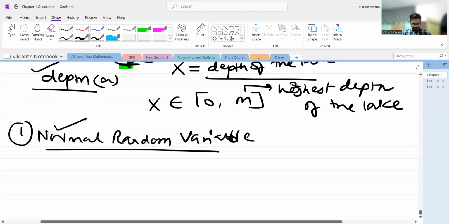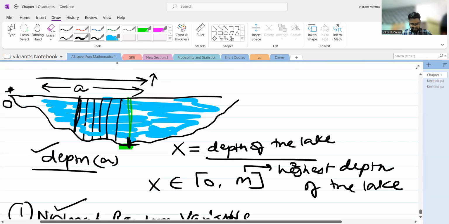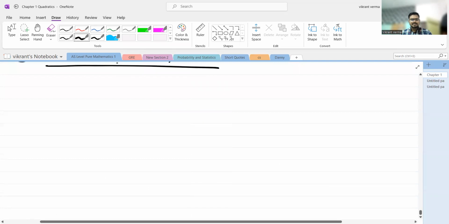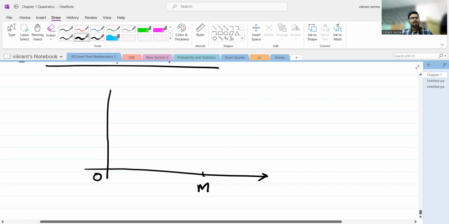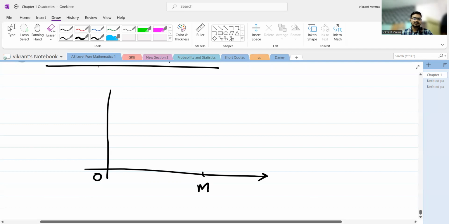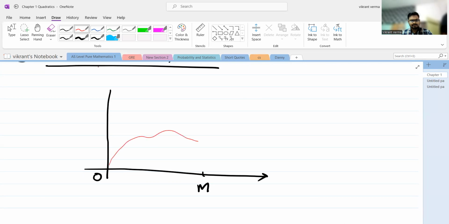For example, if I pick the same scenario of this lake, then I can draw a graph. Here is 0 and the maximum depth will be like this. And I am drawing a curve, just randomly, any curve.